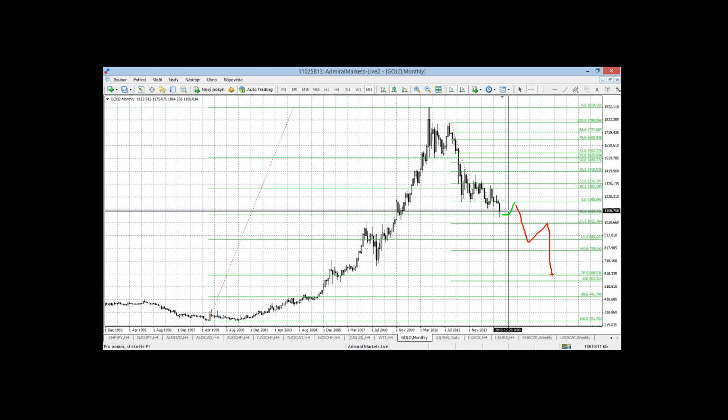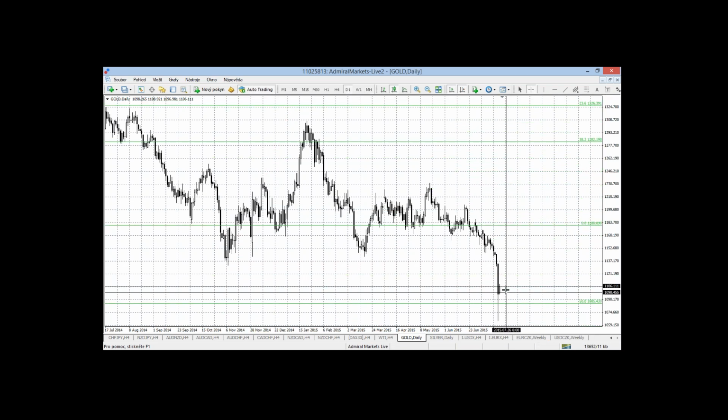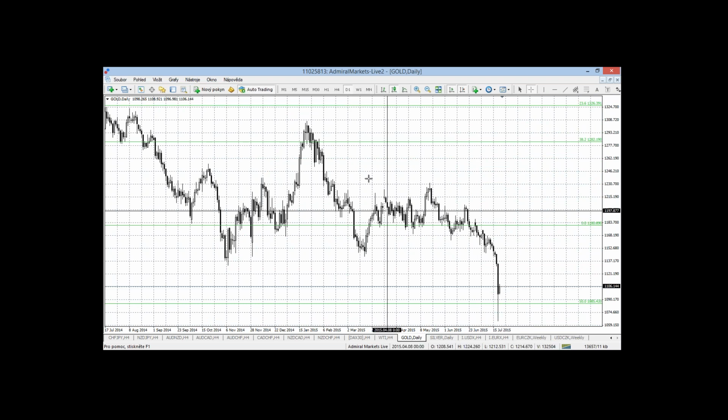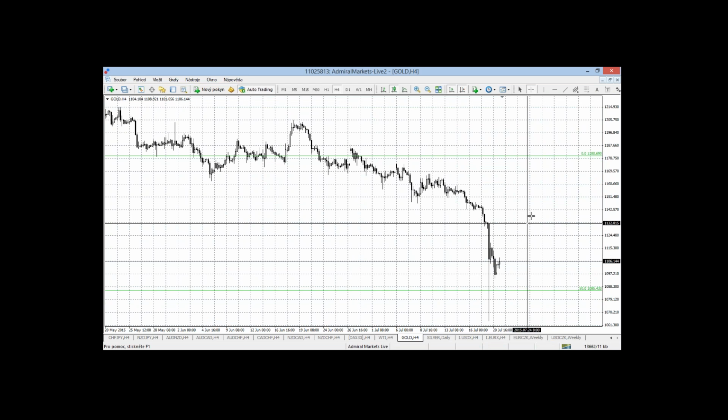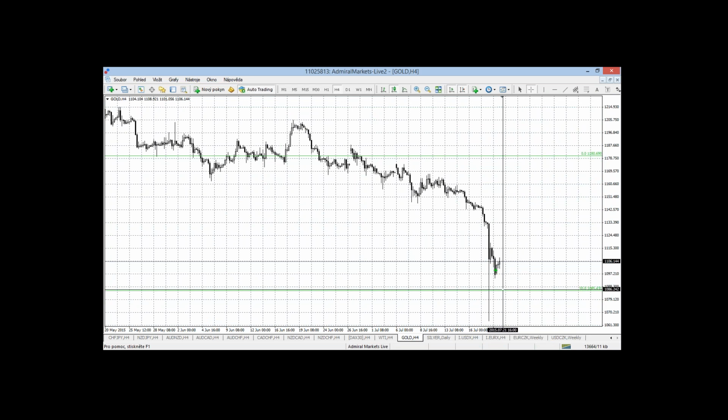Maybe the 61.8 or the 50 fib will be bigger bouncing spots. It's possible. We'll have to see which one wins at the moment. Definitely on a daily chart, there's bearish momentum, and on a monthly chart, there's potential support. So as it makes a recovery rally, or makes some bounce here, as it already has actually, we're going to have to see how it corrects.